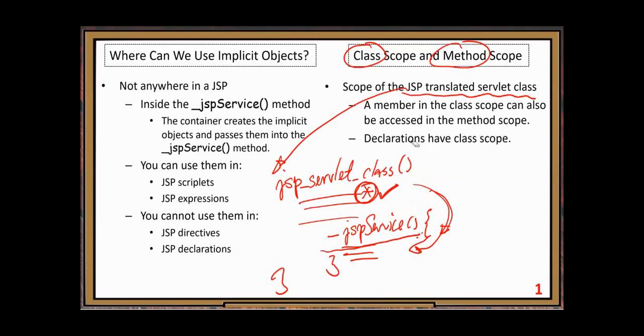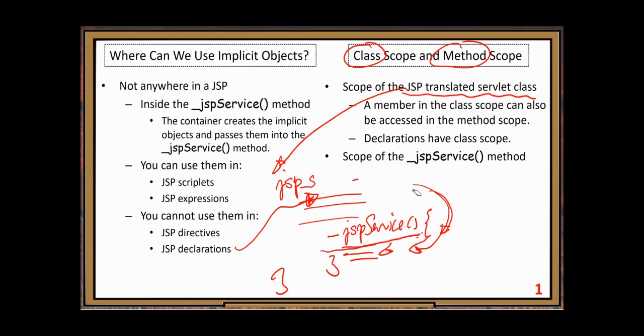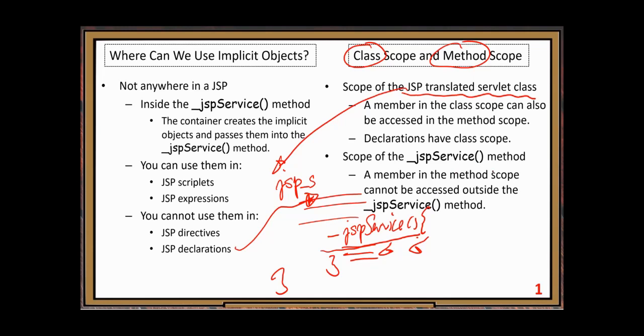Now, the declaration goes to this part, which has the class scope. So a declaration can be used inside the _jspService method. Now the scope of this method: a member in the method scope cannot be accessed outside this method.